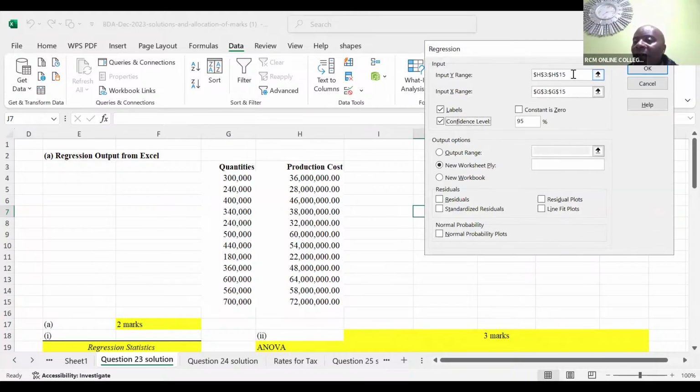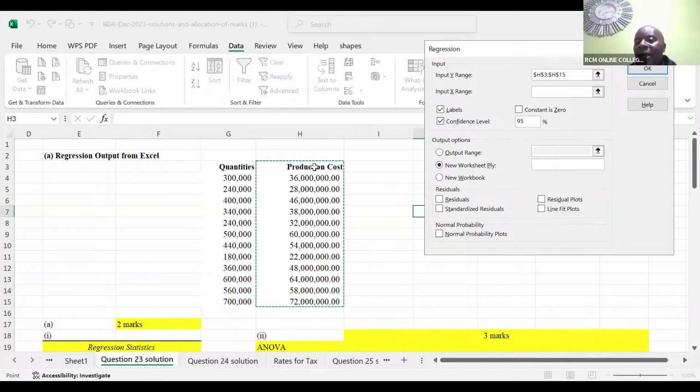Once I say okay, my great students, I will come here and input the Y variable. Remember, you're the ones who have told me the Y variable is the production cost. So click on the label, then press Control Shift and take this down with the down arrow.